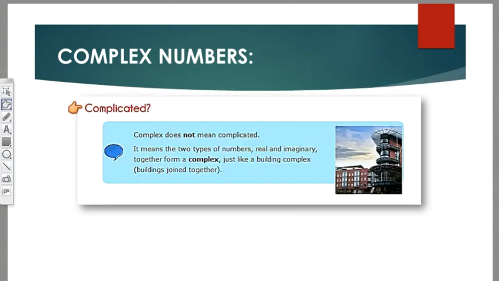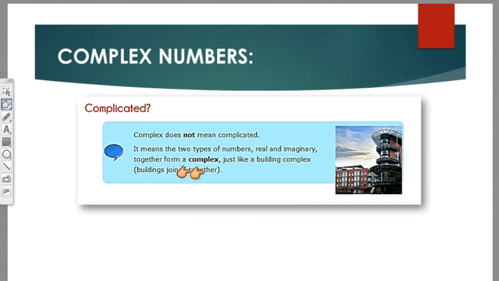Is it complicated? Well, complex does not mean complicated. It means two types of numbers, real and imaginary, together form a complex. It's just like a building complex. Buildings join together. So kind of use this as a guide, an understanding. Think of a building complex, where buildings join together.